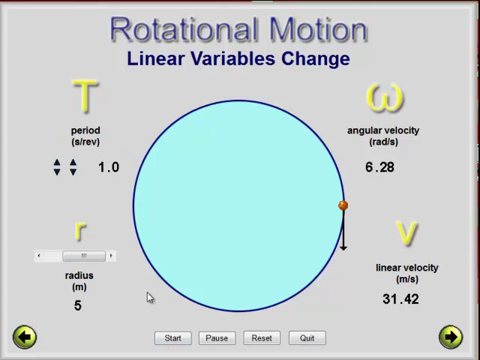You can choose the period, you can choose the radius, and when you start, you can see how these variables affect the rotational motion. And again, see the relationship between the variables in rotational motion.